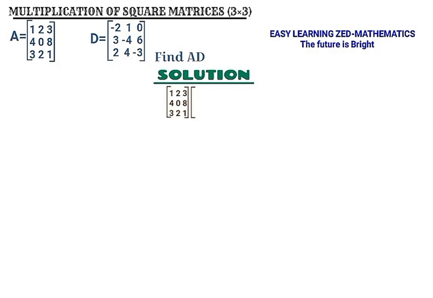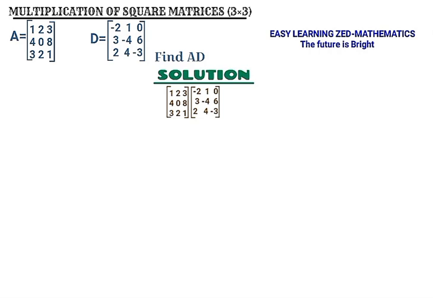Now I'm going to finish up that matrix. Now I've written these two matrices, AD, just like that. Then next I'm going to start multiplying the row by the columns in the second matrix.